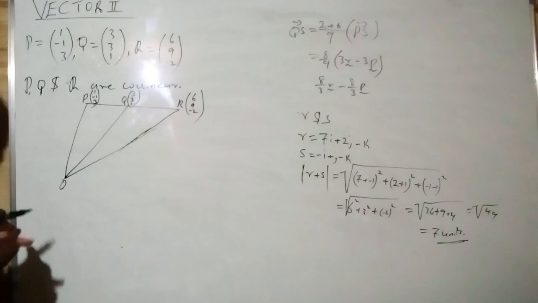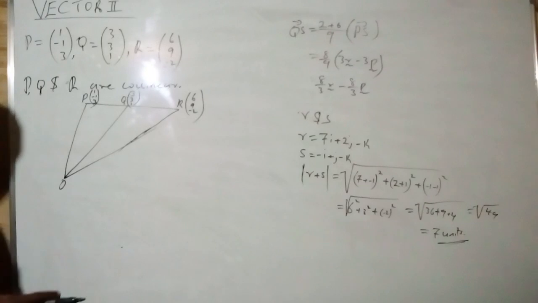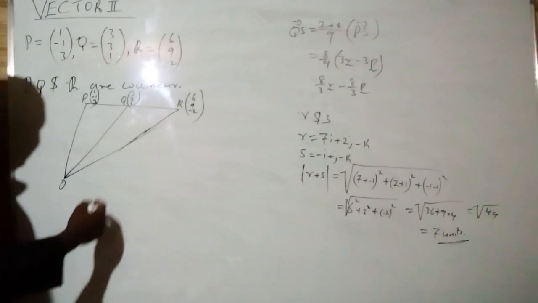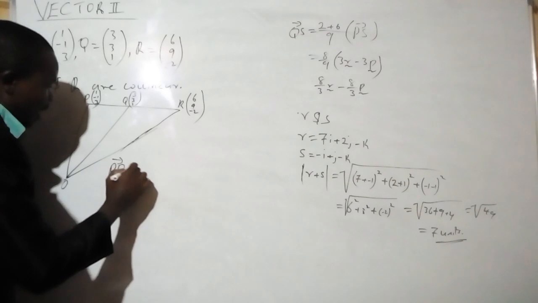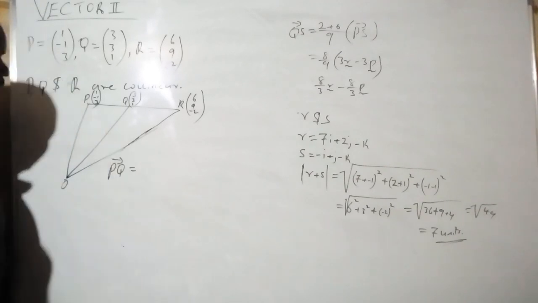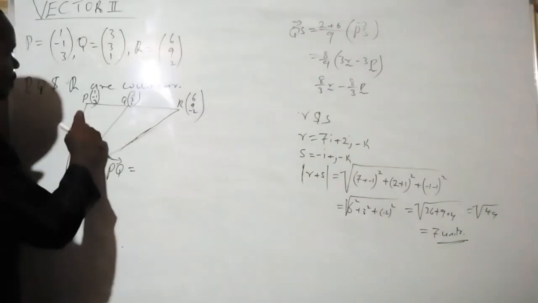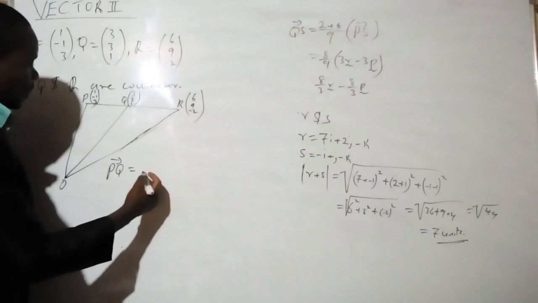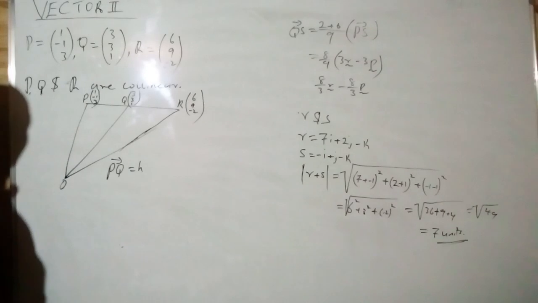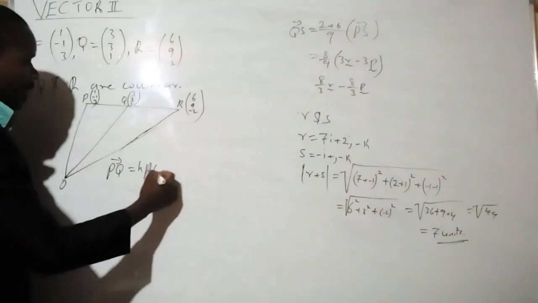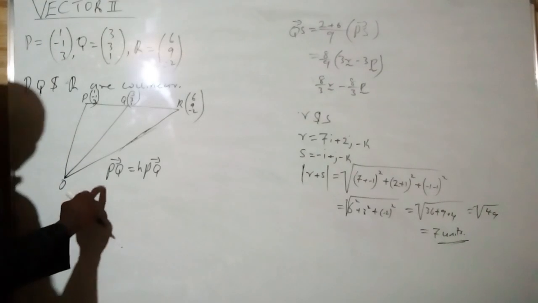That being the case, let's say that vector PQ is equal to h PR. Let's see what we are going to get.